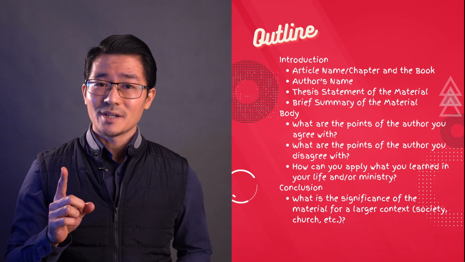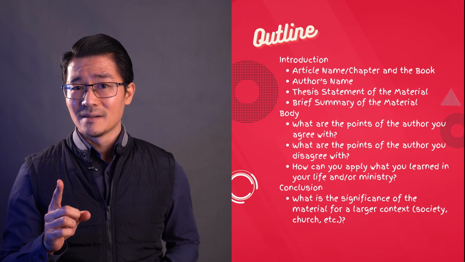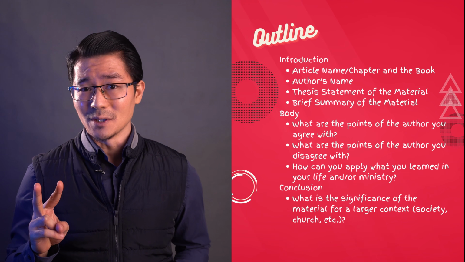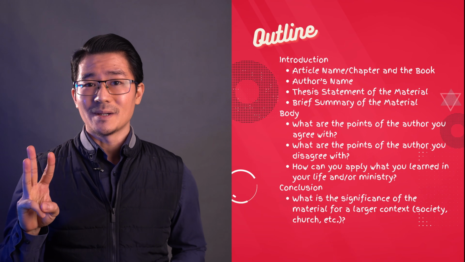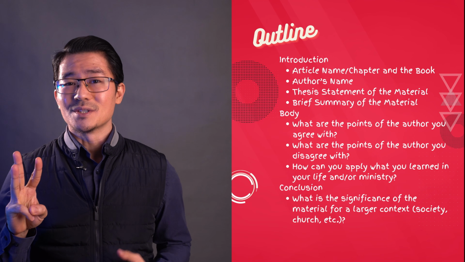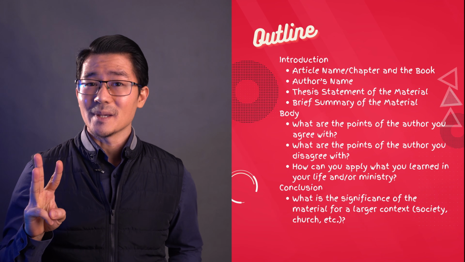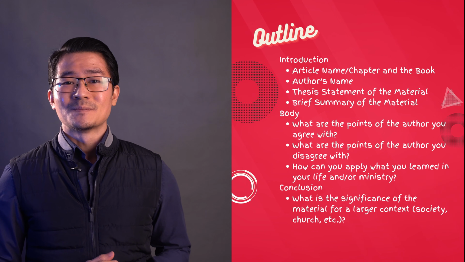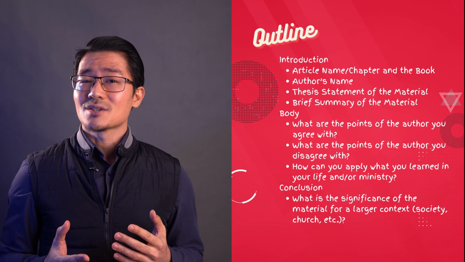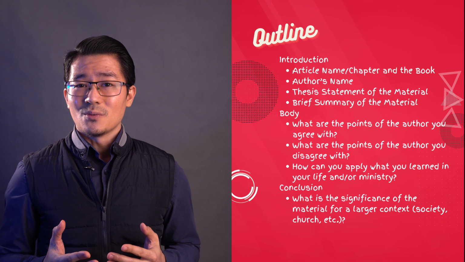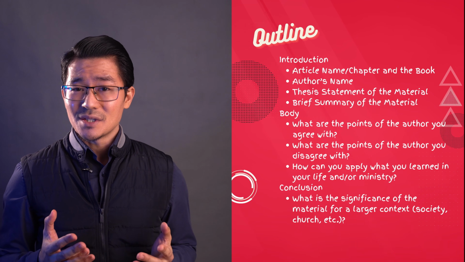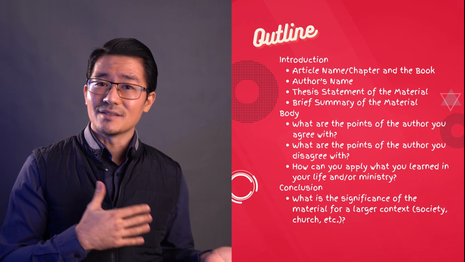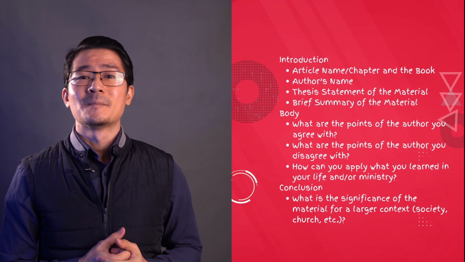First, what are the points of the author you agree with? Second, what are the points of the author you disagree with? And the last one, how can you apply what you learned in your life and/or ministry? Lastly, the conclusion. In the conclusion, you will answer the question, what is the significance of the material for a larger context? The society, the church, etc.